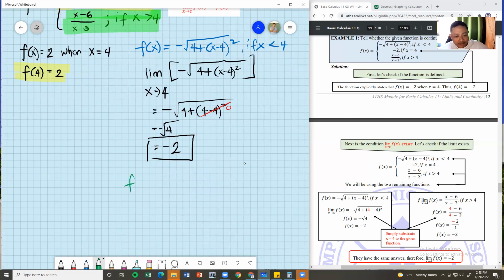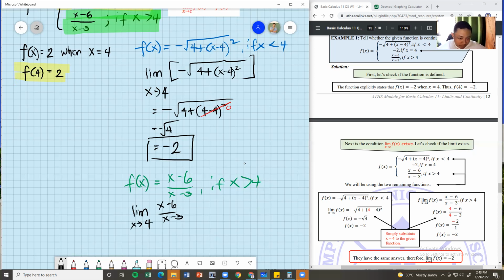F of x is equal to x minus 6 over x minus 3 if x is greater than 4. And so, let's change this to a limit. This will become the limit of x minus 6 over x minus 3 as x approaches 4. Can you follow? Kasi c natin is 4 and also this is about 4.